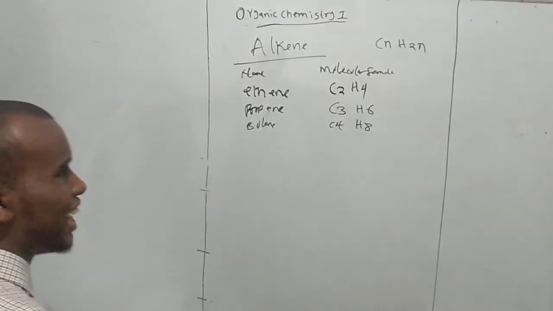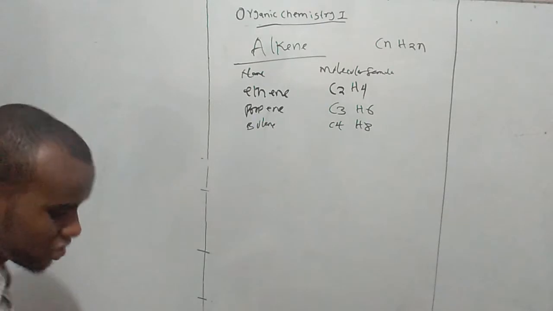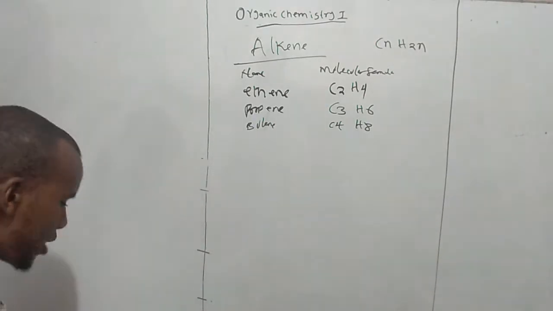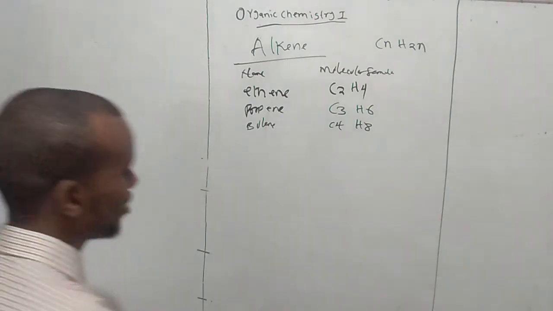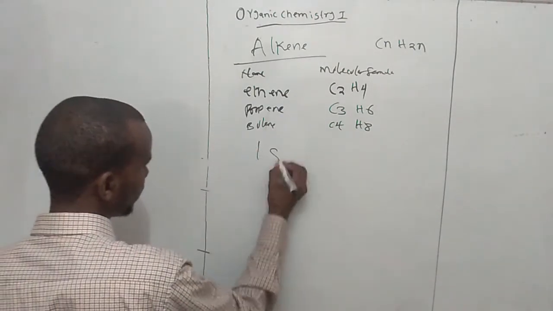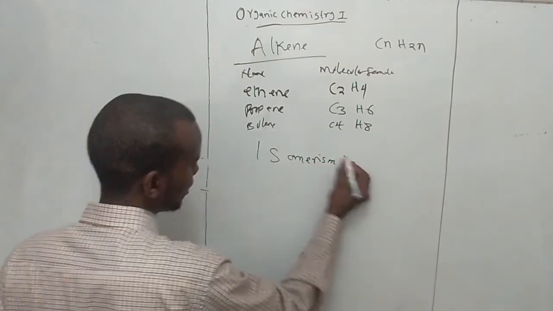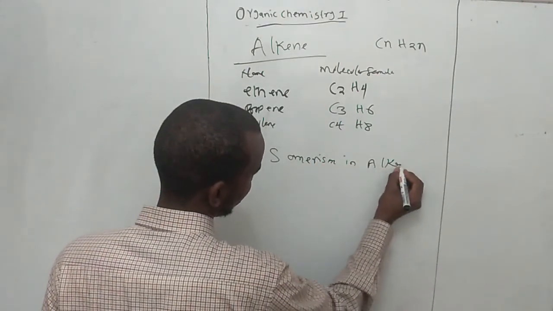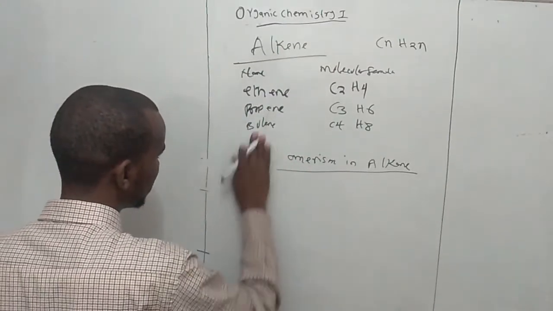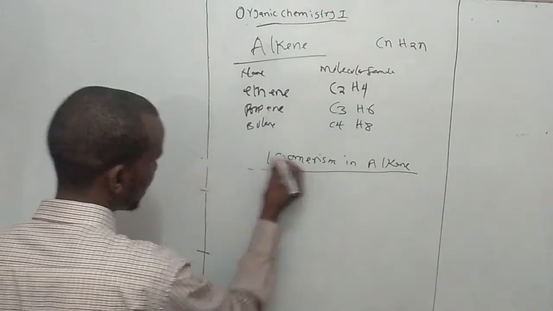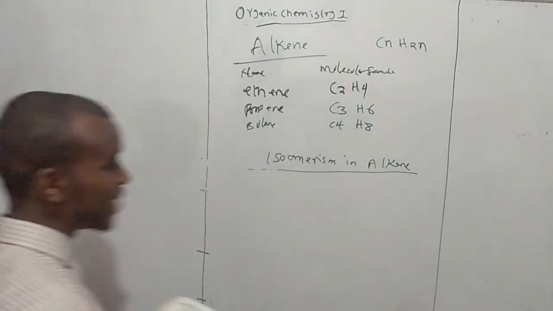For the nomenclature, the naming of the compounds is just the same as the alkanes. We are not going to repeat the nomenclature. So let's focus on the isomerism in alkenes. Alkenes can show two types of isomerism.